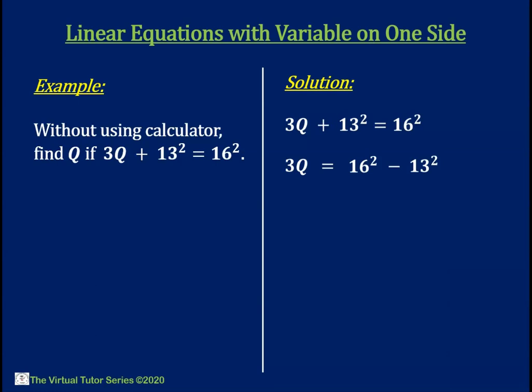Now, the expression on the right-hand side is a difference of two squares, which can be factorized by expressing it as the product of the difference between 16 and 13 and the sum of 16 and 13.